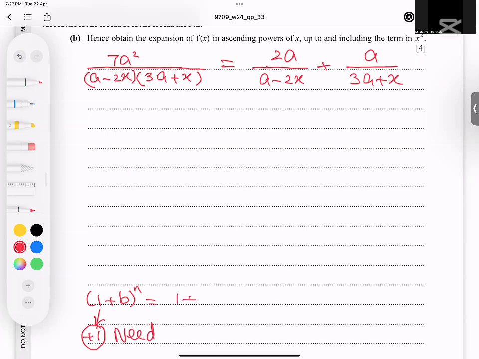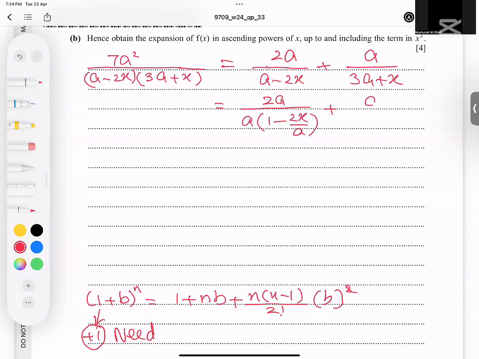And the formula is 1 plus n times b, plus n(n minus 1) over 2 factorial times the square of b. That's it, because he was asking about the square. So can we apply directly here, students? Answer is no. I have to take a common out. If I take a common out, I get a(1 minus 2x over a).